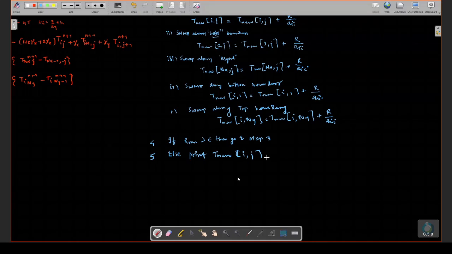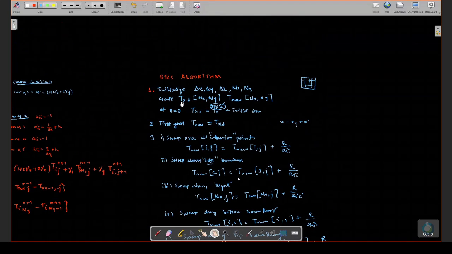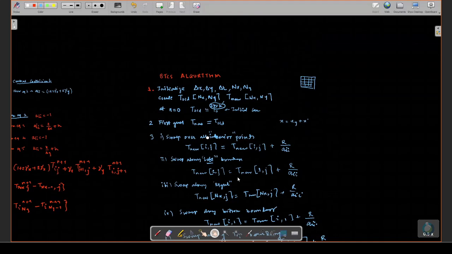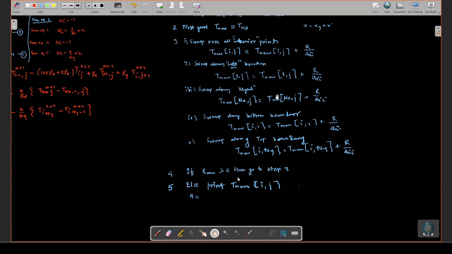Okay, and once you have done this, this is only for n = 1. For n = 0, we had already given an initial condition, and we took those initial conditions as a guess T new value, and these are at n = 1.